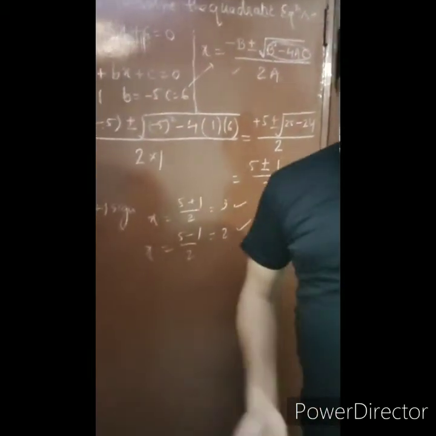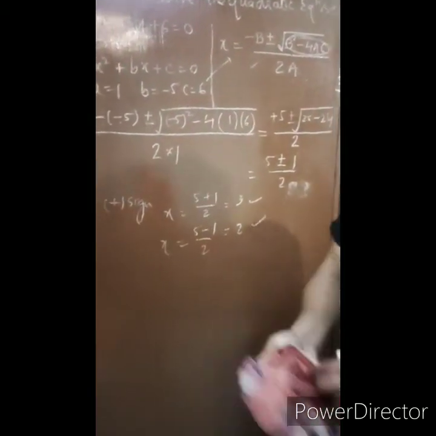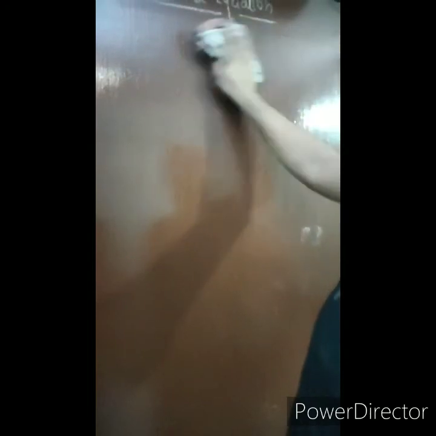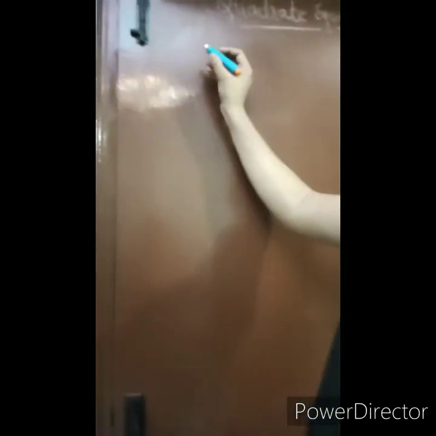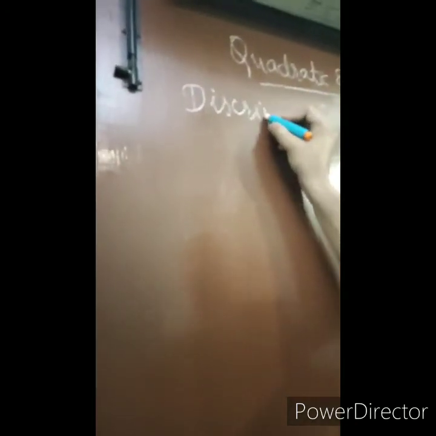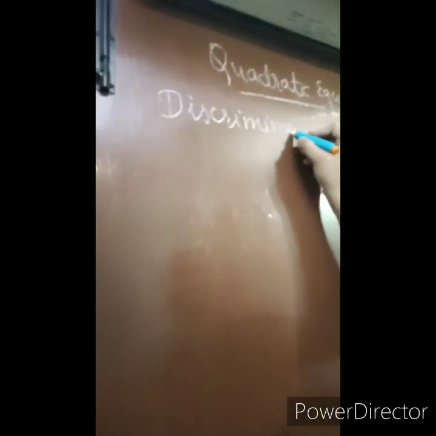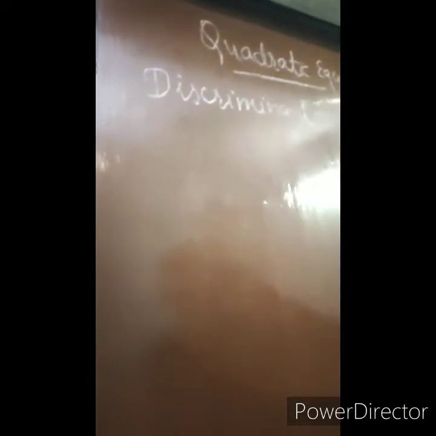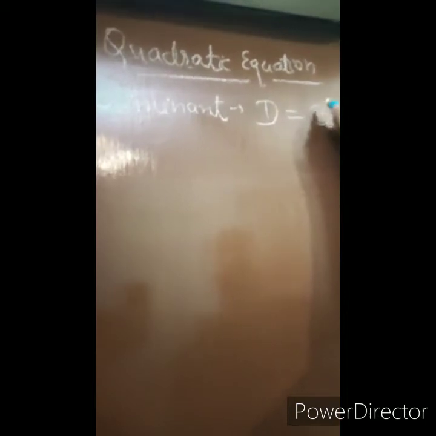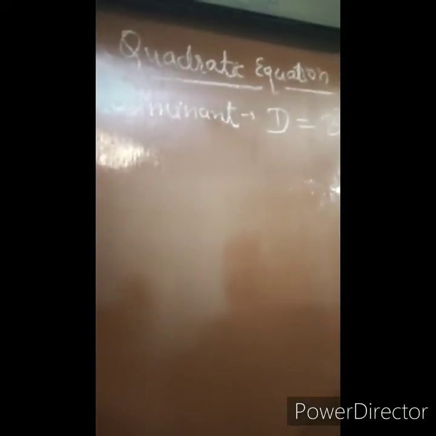Now see about b square minus 4ac. What is b square minus 4ac? This term is known as the discriminant. And the discriminant decides whether the roots will exist or not. It is denoted by D and its value is b square minus 4ac.